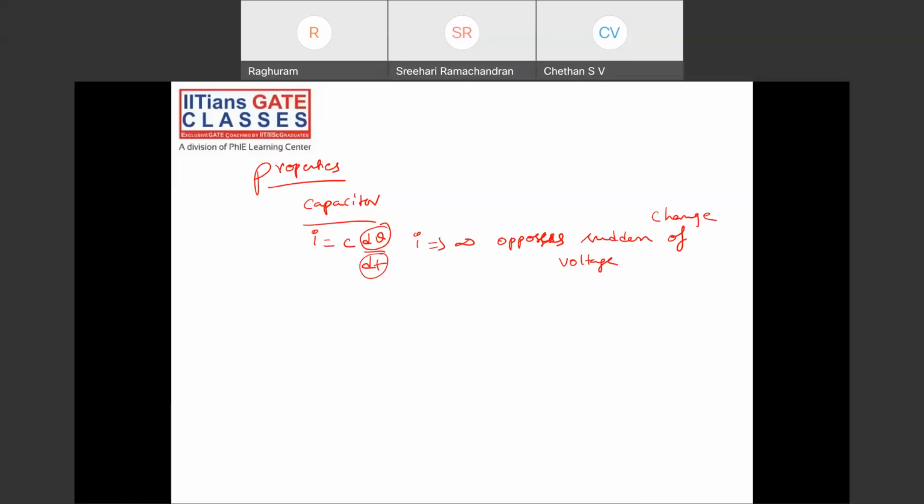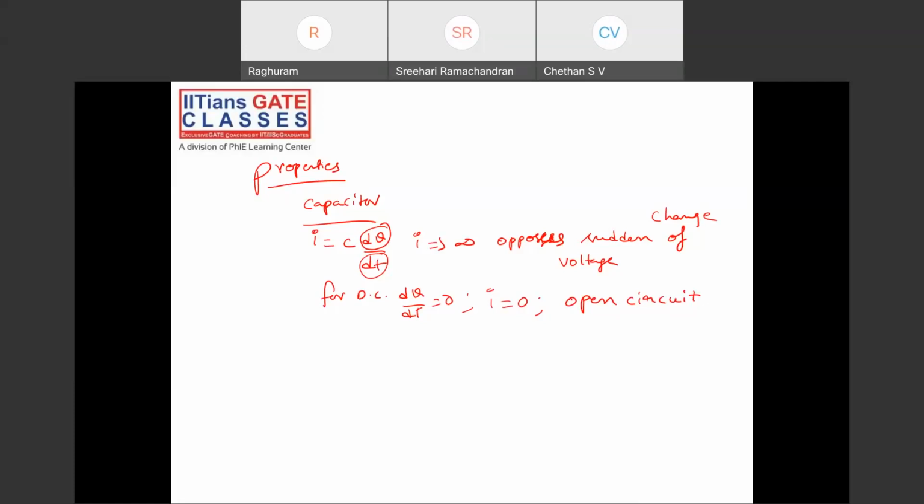Similarly, for DC voltages, what happens? For DC, that means dV by dt is zero. No change in voltage with respect to time, or voltage is just constant with respect to time. What happens? Current will be zero. That means for DC, capacitor acts as an open circuit, right?